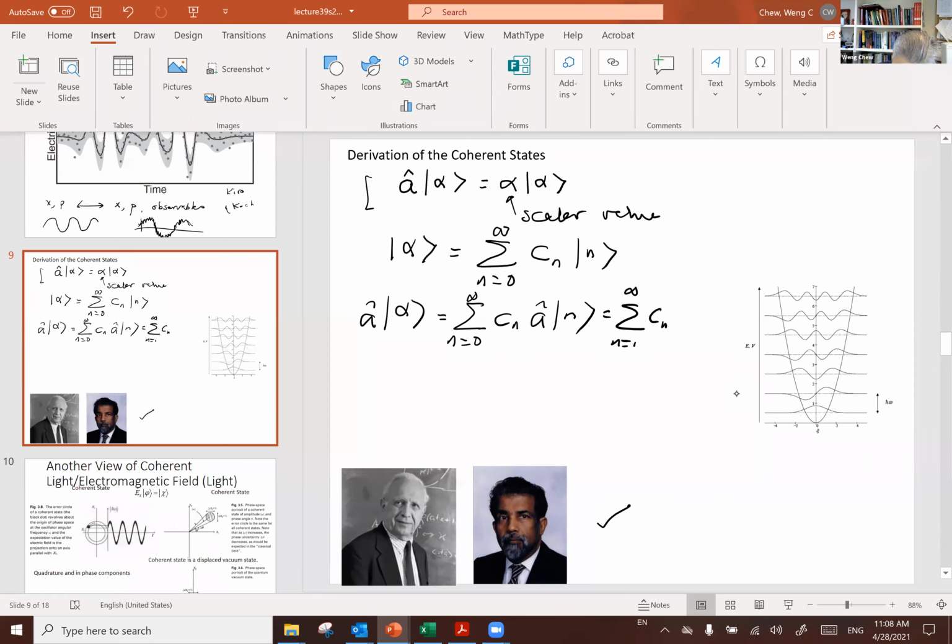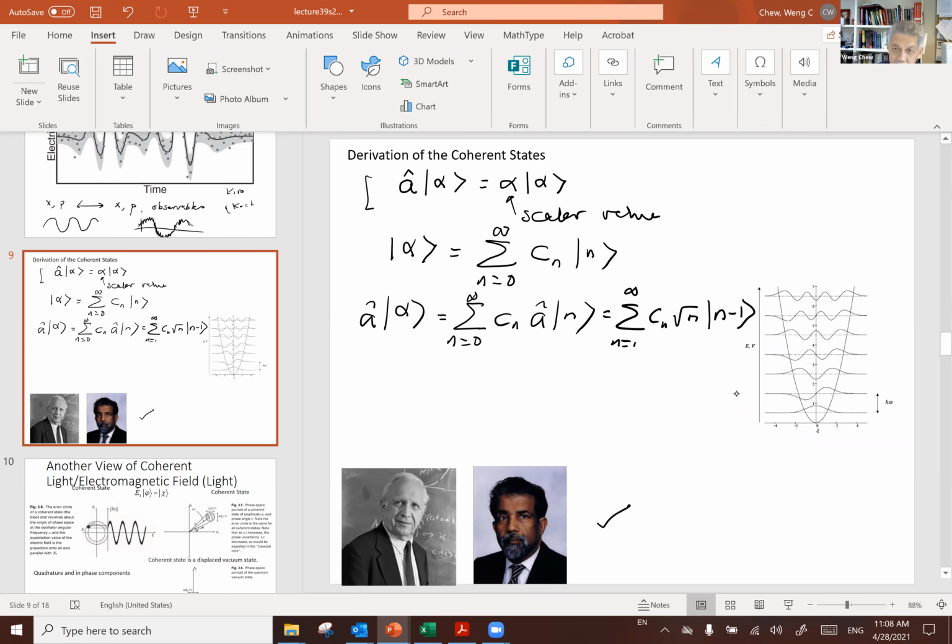Then using the property of the annihilation operator, this can be written as this. Okay, it gets lowered by 1. The summation now goes from n equal to 1 to infinity because the n equal to 0 state does not exist anymore. It has been annihilated by the annihilation operator.